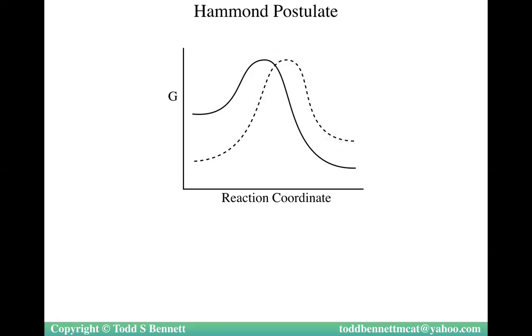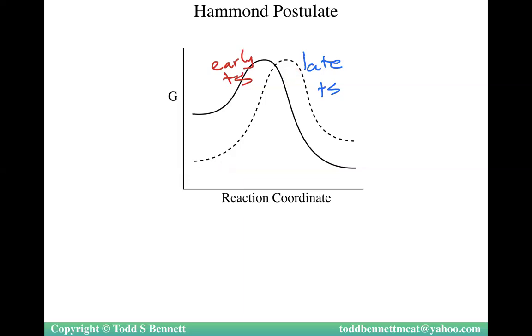So when we draw these diagrams, they do not go the same way. The transition state is not at the same point. You have what's known as an early transition state when it's a highly exothermic reaction, and you have a late transition state when it's endothermic and you have relatively high activation energy.